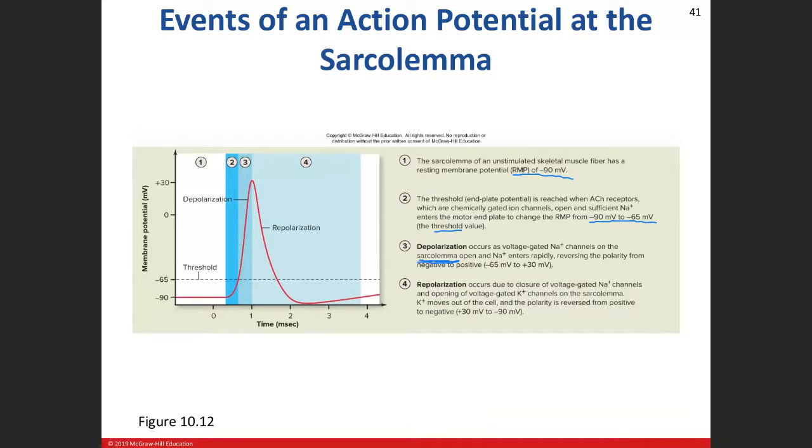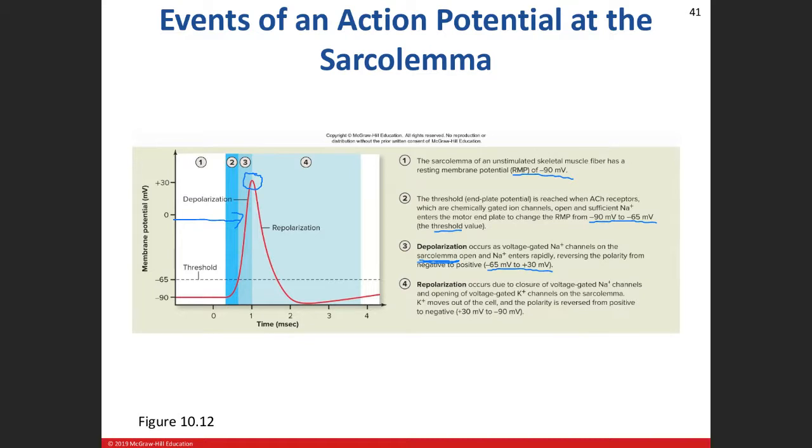Once we open up the first one, bang, it gets propagated just like an action potential in the axon, down the entire length of the sarcolemma and down into the T-tubules. That will bring our value from -65 to +30. That's the upswing, our depolarization. Once we get to +30, the voltage-gated sodium channels start to close and voltage-gated potassium channels start to open up.